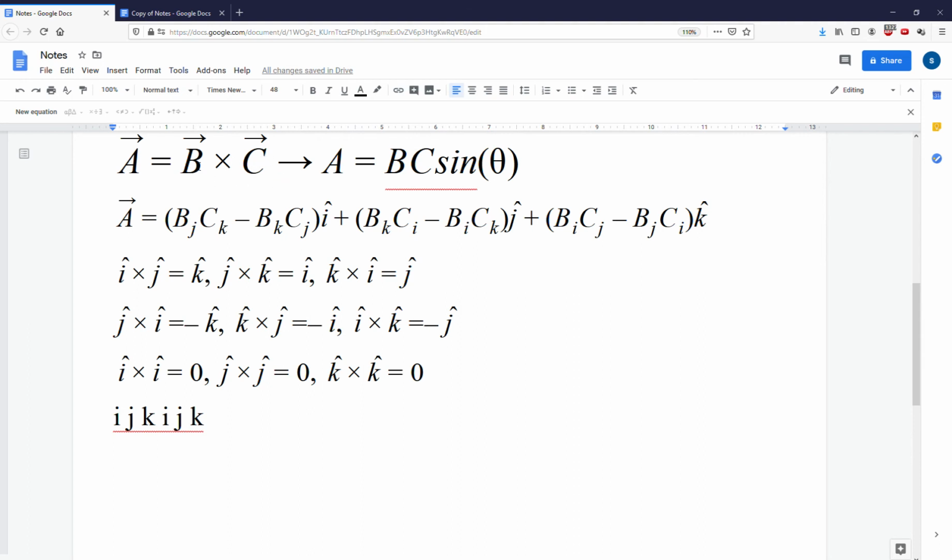B is composed of Bi i hat, Bj j hat, Bk k hat, and similar with C. We can find the components of A by saying that the i component of A, right here, is BjCk minus BkCj. The j hat is BkCi minus BiCk, and the k hat is BiCj minus BjCi.